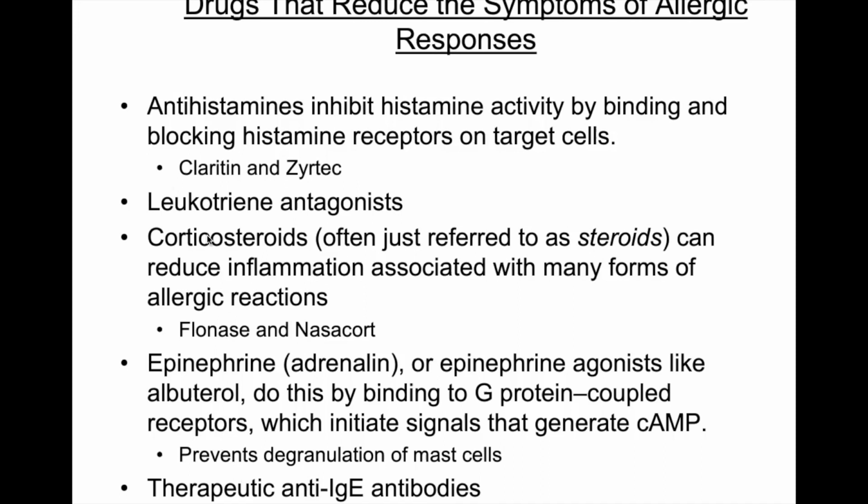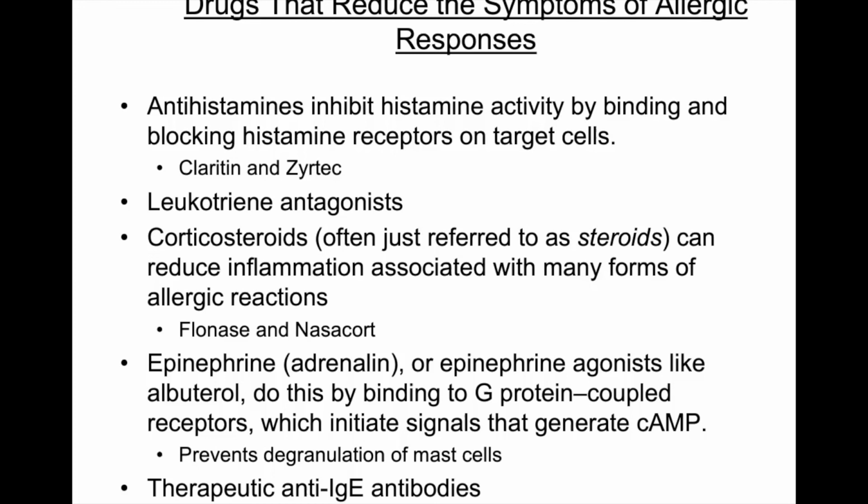And remember, back in the beginning, I said don't forget about cAMP. cAMP allows for the degranulation of mast cells, so things like epinephrine and epinephrine antagonists don't allow for the degranulation of the mast cell, because there's not going to be cAMP present for that cell signaling event.